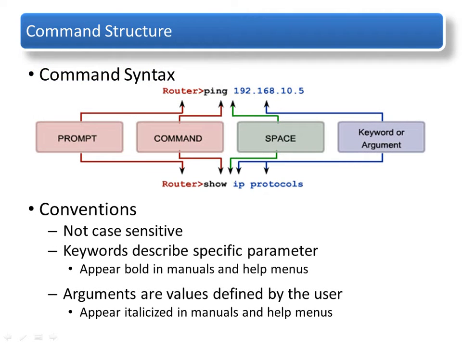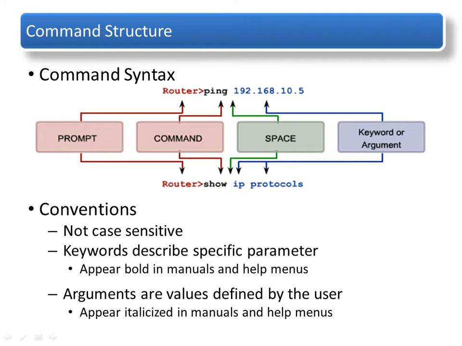Each IOS command has a specific format or syntax and is executed at the appropriate prompt. The commands are not case sensitive. The general syntax for a command is the command followed by an appropriate keyword and/or argument. For example, in the following syntax, the show command is followed by the keyword ip with another keyword, protocols.